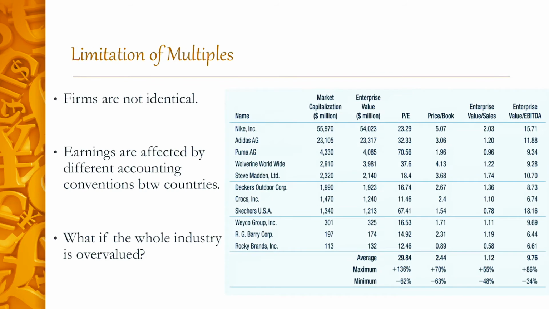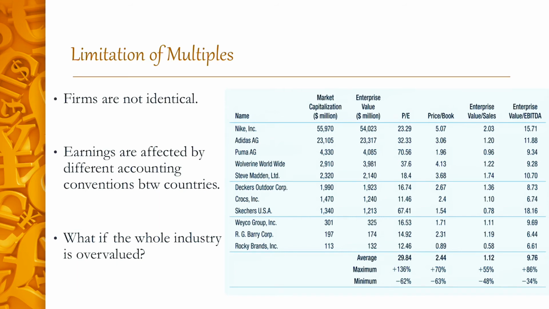So now let's talk about the limitation of multiples. First of all, the law of one price says if two securities or two firms generate exactly identical cash flows in the future, their price today should be exactly the same.